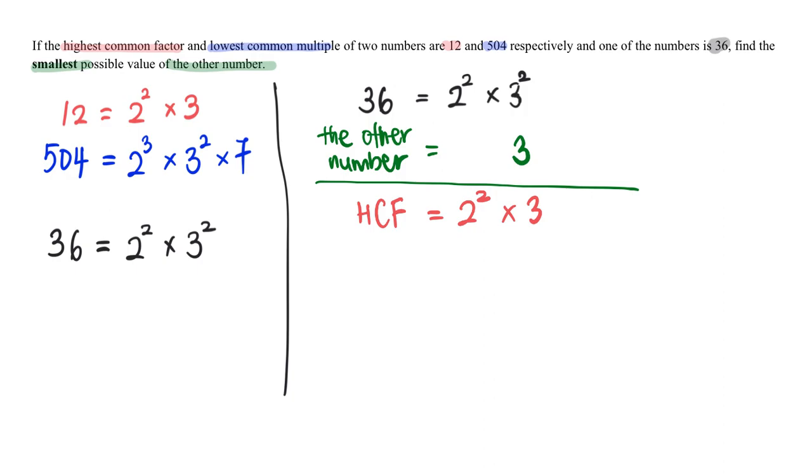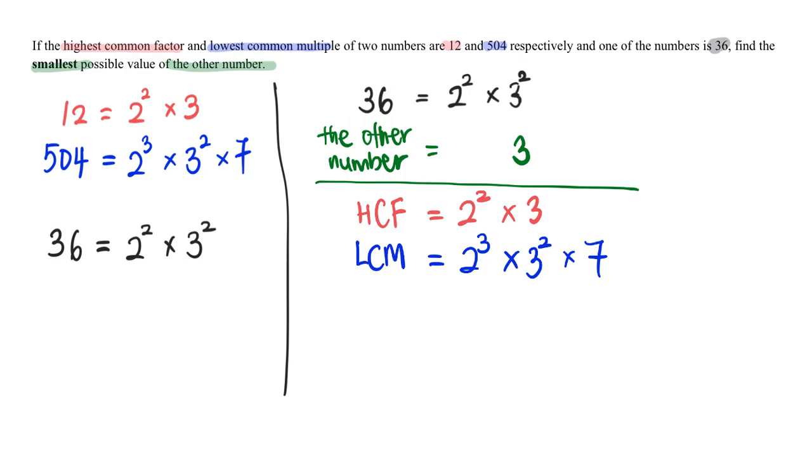Now the LCM is 504, which is 2 power 3 times 3 power 2 times 7. For the LCM, we must choose all the highest powers. The LCM has 2 power 3, but 36 only has 2 power 2. This 2 power 3 must come from somewhere.